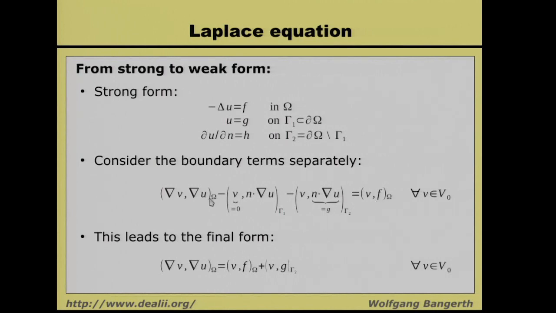And so what I get is only the term that I have here already that survives, so grad v times grad u equals, and on the right side now I have a domain integral, v times f, and I have v times h on gamma 2. So this is the way we derive the weak formulation for boundary conditions that involve Neumann terms.